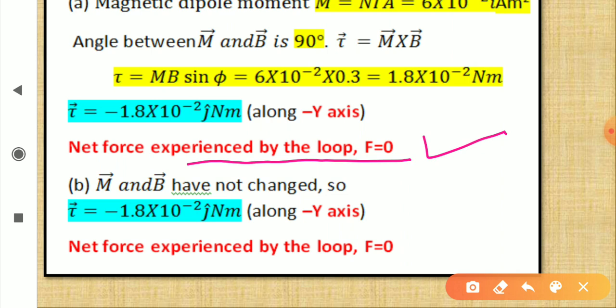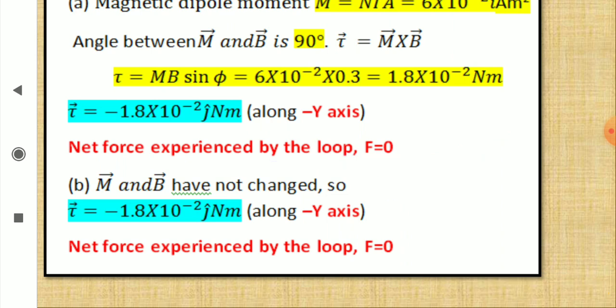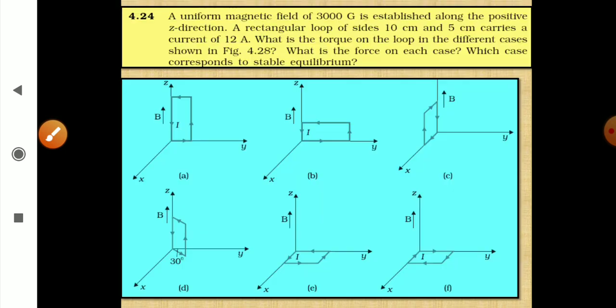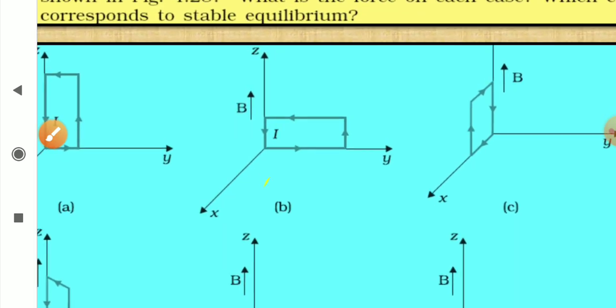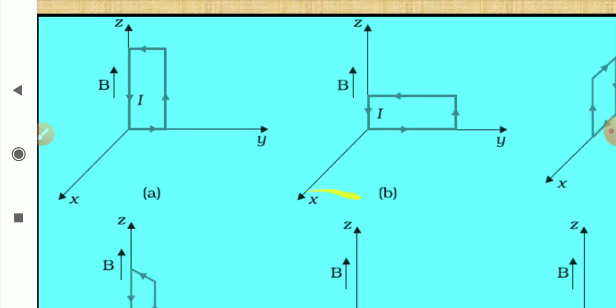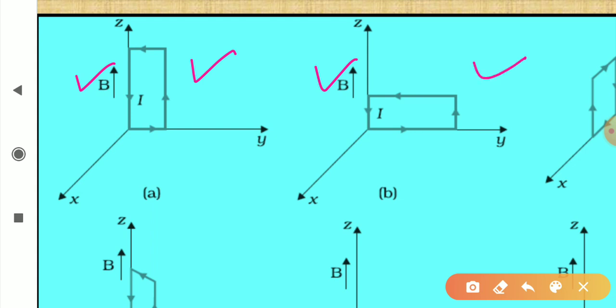Now let us move on to part B. Let's go back to the diagram here. See, the magnetic field is the same along the z-axis, and the orientation of this loop has now been changed.